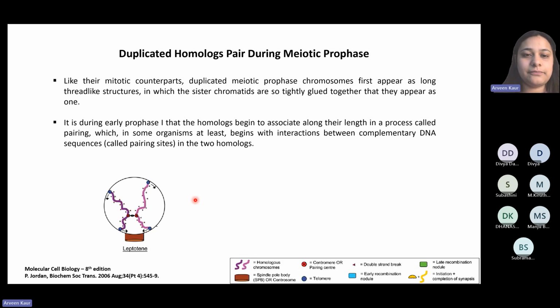So having said that, we see how this pairing of the duplicated homologs actually occurs in the meiotic prophase, right? Like their mitotic counterparts, duplicated meiotic prophase chromosomes first appear as long thread-like structures.